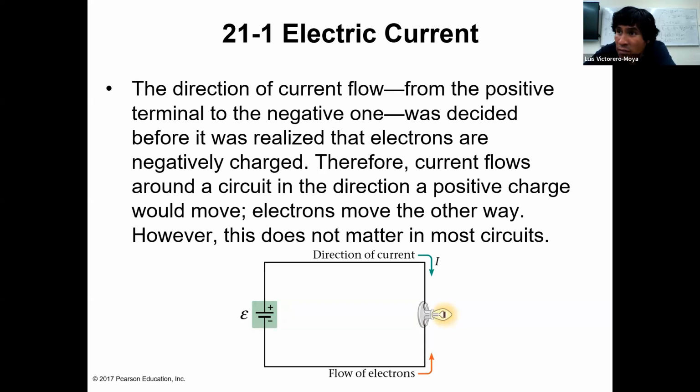So it doesn't make sense that electrons will leave the positive plate or the positive terminal of a battery, right? It makes more sense that current is actually in the red direction. However, the convention was built based on the green direction. So we just use that.